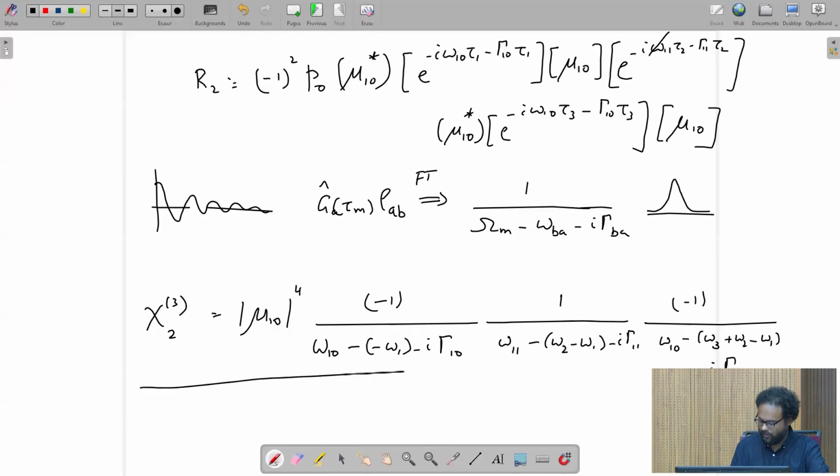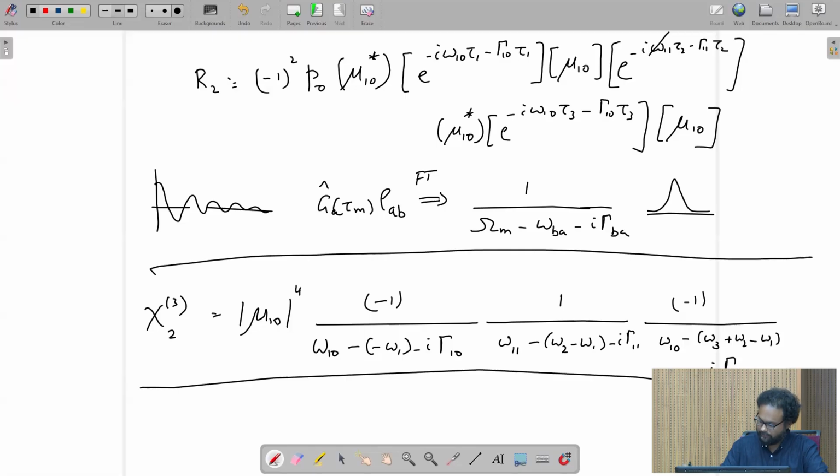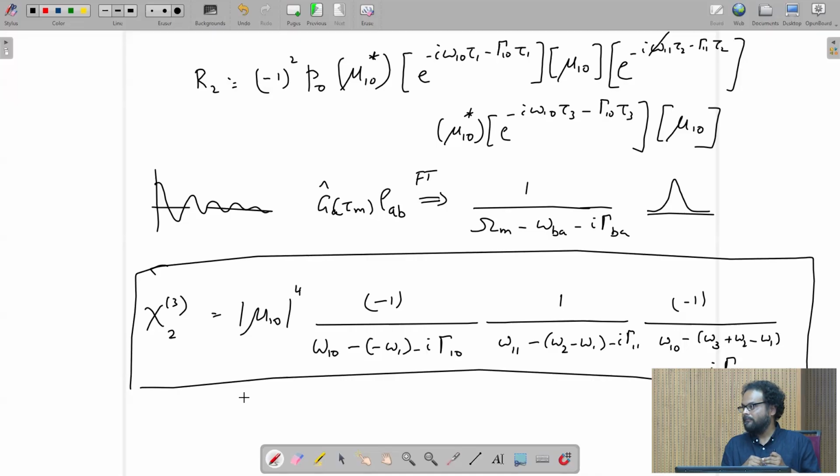So that's the analytical form for a 2-level system, the third order nonlinearity associated with the rephasing pathway. So this is the susceptibility associated with the rephasing pathway for a 2-level system. For a 2-level system, it looks fairly simple and you should be able to write it out.